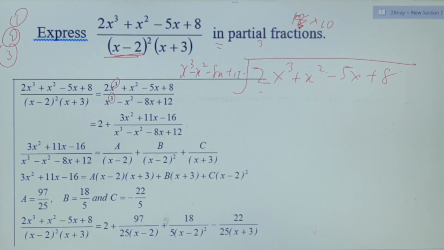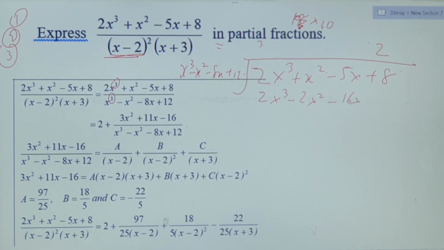X power 0, right? Now what times x cubed will give you 2x cubed? You say 2. This times this, this times this, this times this, this is 12. Then you will minus, this one gone.